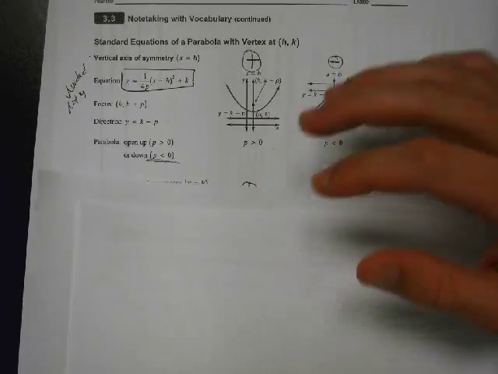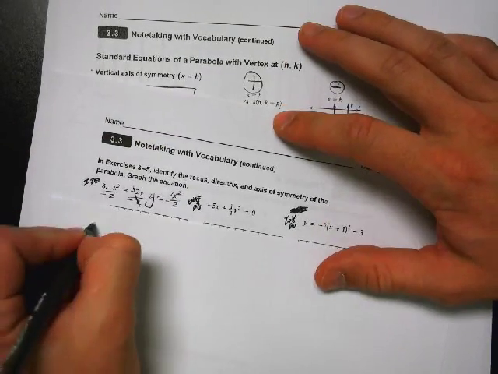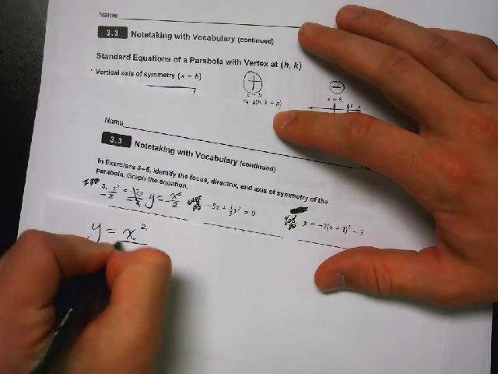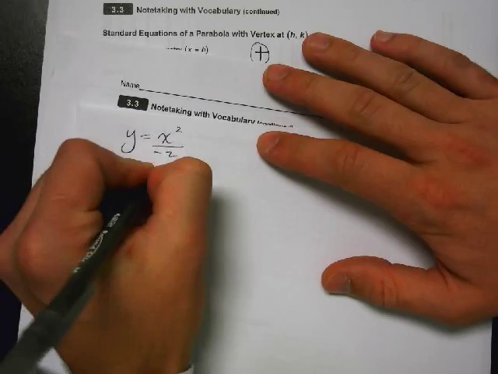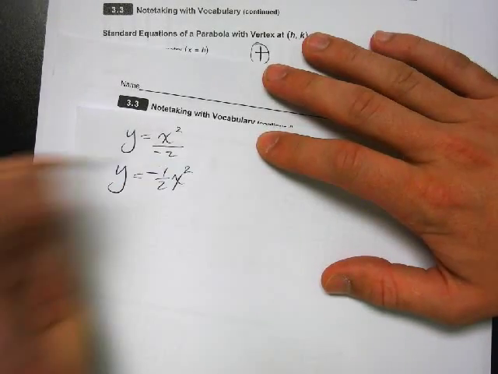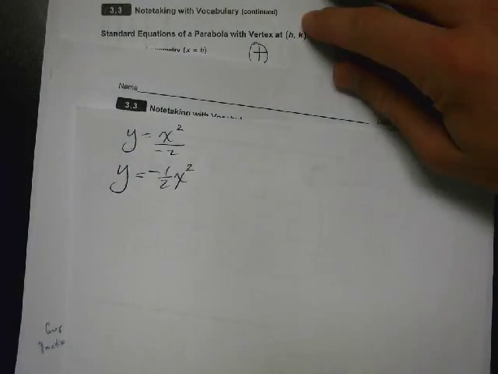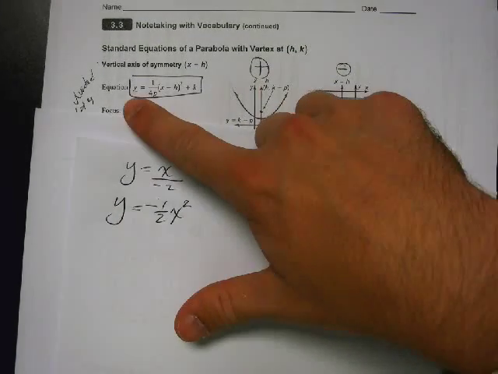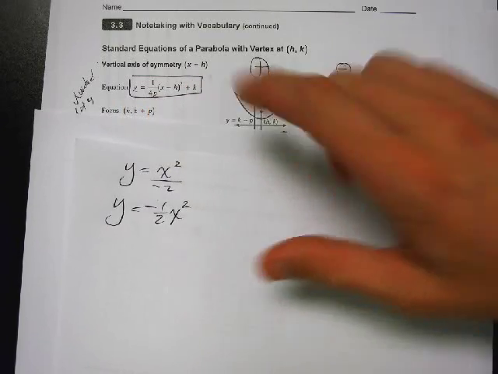So let's take this to our note sheet. We're going to have y equals x squared over negative 2. Another way to write this, of course, is just y equals negative 1/2 x squared. Well, our template was y equals 1 over 4p x squared.